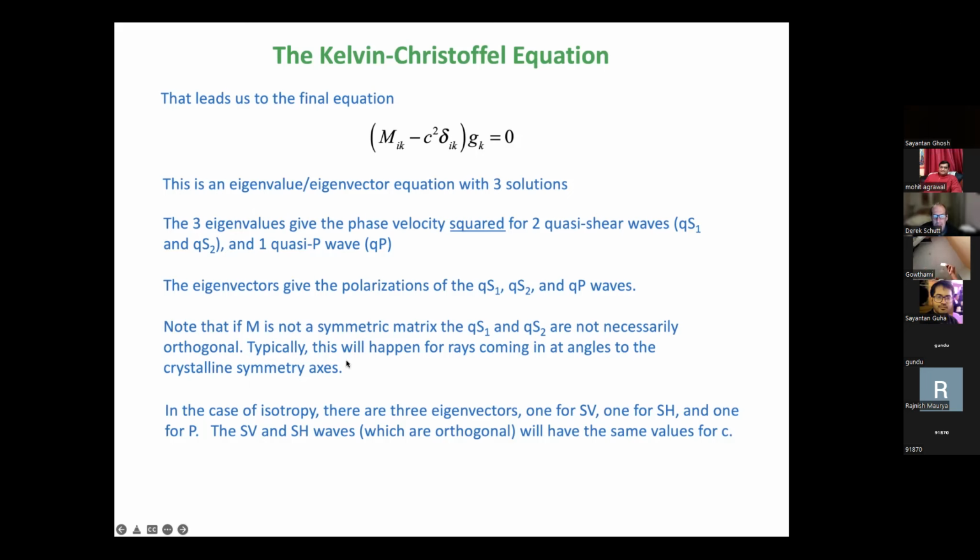However, typically when we have our wave impinging at a crystalline symmetry axis, our quasi-shear waves will be orthogonal. In the case of isotropy, there are still 3 eigenvectors, one for SV, one for SH, and one for P. And the SV and SH waves, which are orthogonal, will have the same values for c, or the same phase velocities.